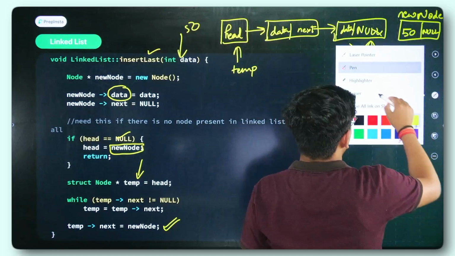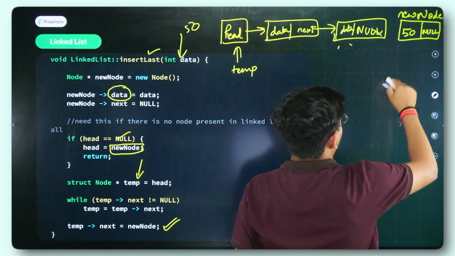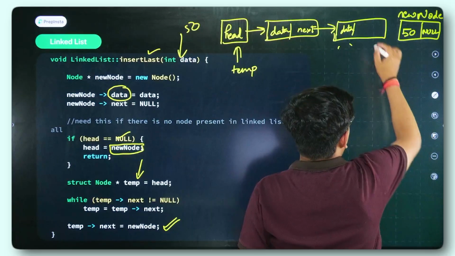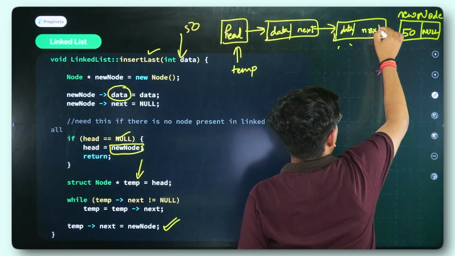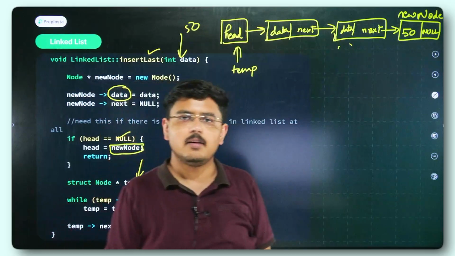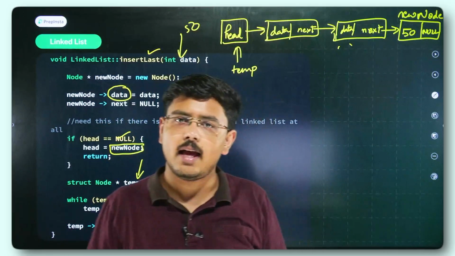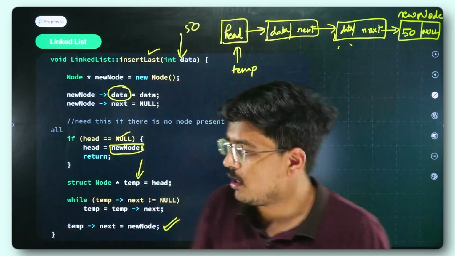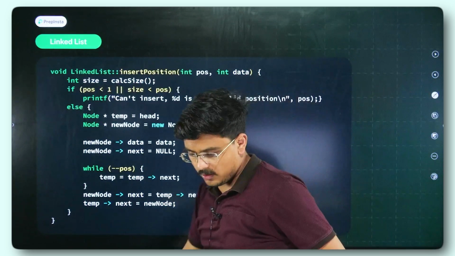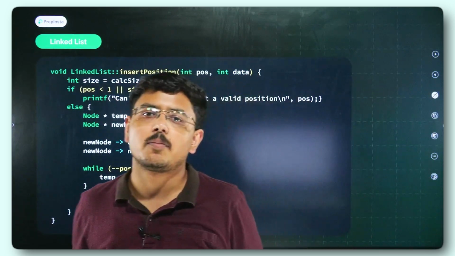Now all I am going to do is I assign this particular place the value of this node, and henceforth in the end this particular node has been added. It is that simple.